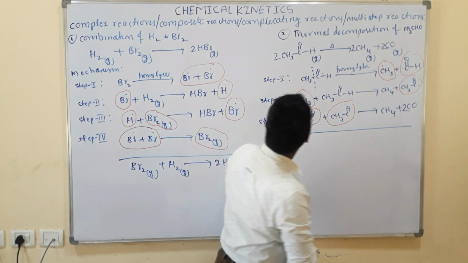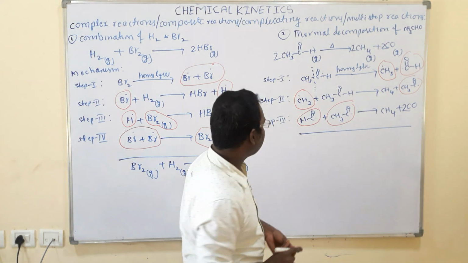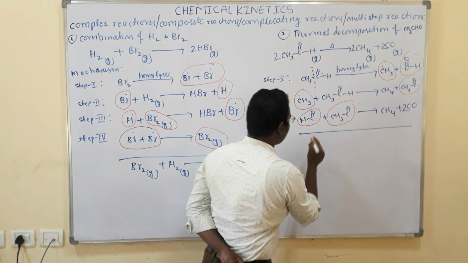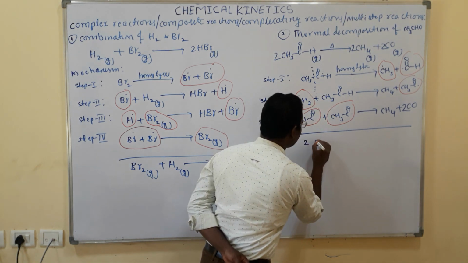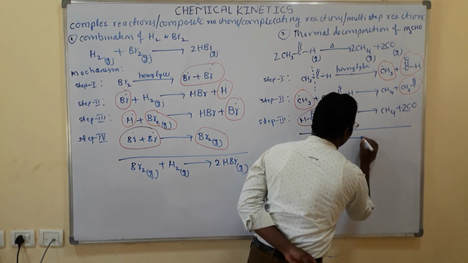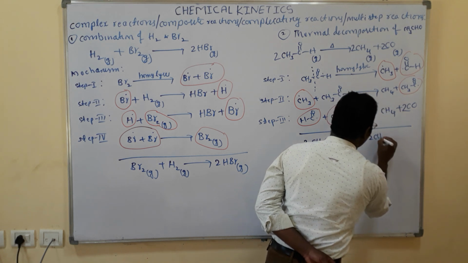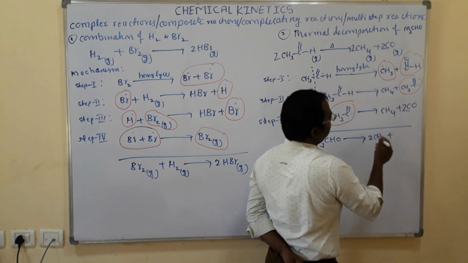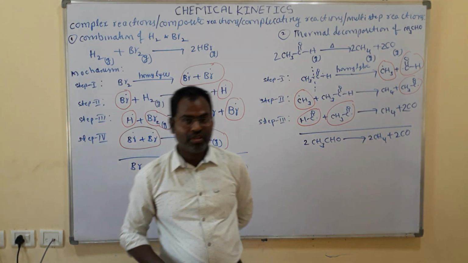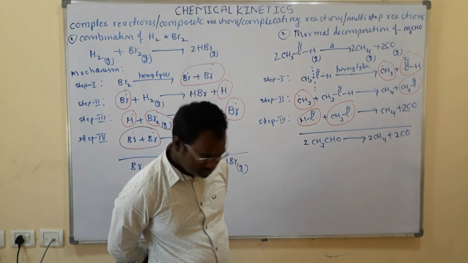Anything else cancelling, so nothing is left. So overall, how can we write the reaction? Here, 2 moles of the acetaldehyde are involved in the reaction, giving 2 moles of methane and 2 moles of carbon monoxide. So this is about the mechanism of the thermal decomposition of acetaldehyde.